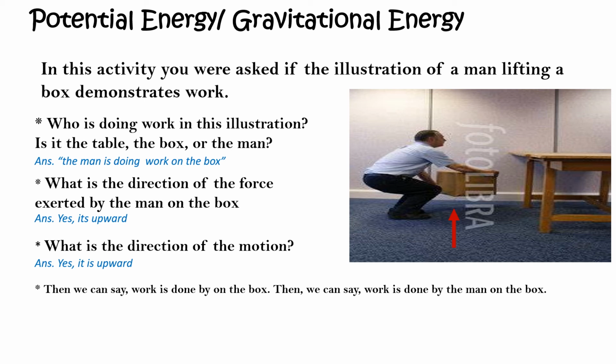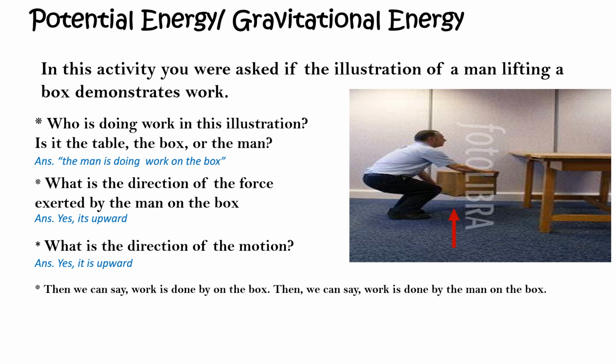Question: what is the direction of the force exerted by the man on the box? Okay, so it is in the upward direction. What is the direction of the motion? Again, the direction of motion applied by the man on the box is upward.